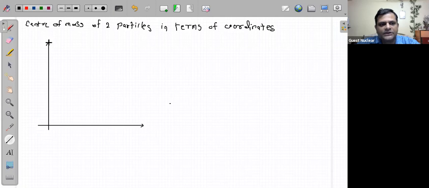That means अभी देखो कोई भी particle का XY coordinate system में location कैसे देंगे, तो उसके लिए हमको उसका coordinate देना पड़ेगा. So suppose that this is the first particle, we can call it as A, whose mass is given to be M1, and suppose that its coordinates are given to be x1 y1.